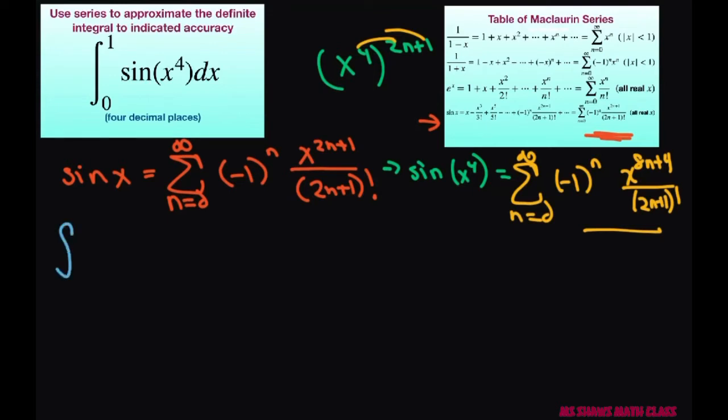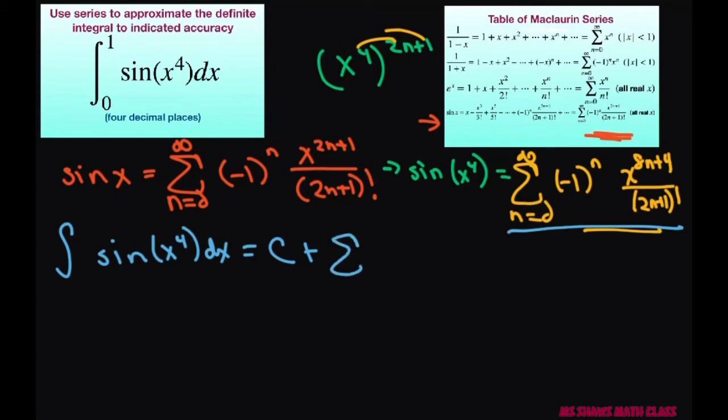So the integral of sine of x to the power of 4 dx equals the integral of this, which gives you C plus the sum from n equals 0 to infinity of negative 1 to the nth power.